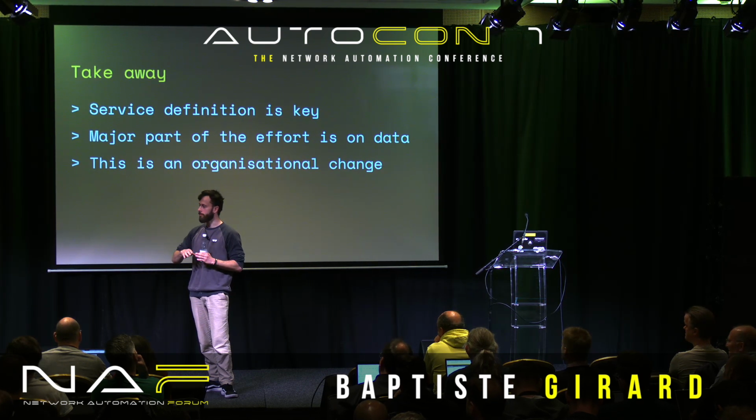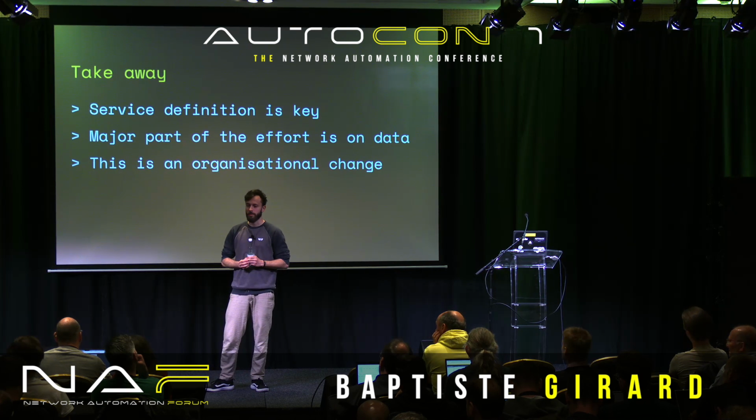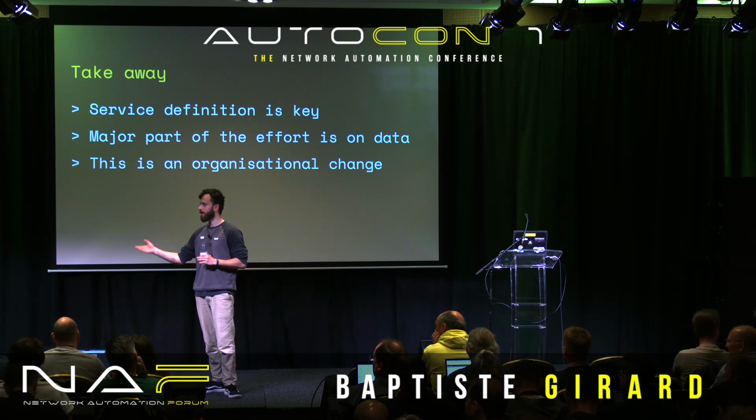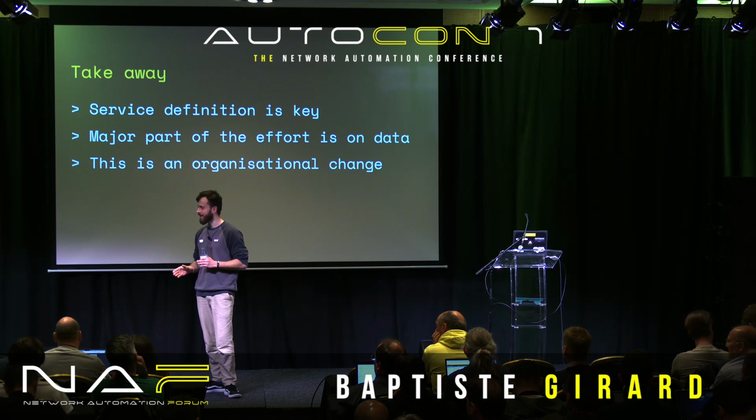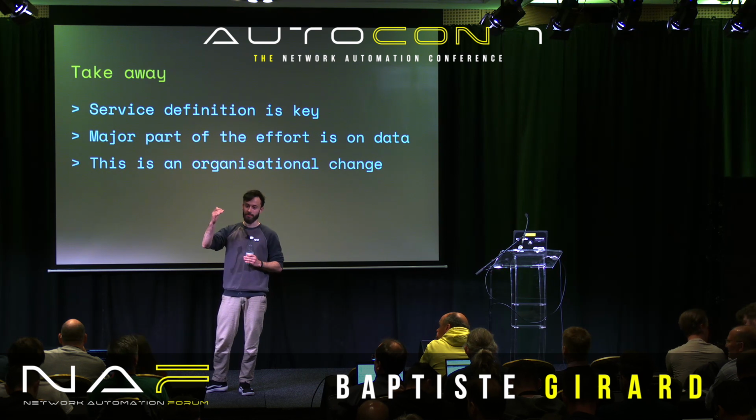We link IP prefixes, we link VLAN, that's fine. Then you start creating IP addresses under your prefixes. Do you link them to your service, or do you assume that it's under the right prefix, and then you can find them back there? Do you have VRF? Do you allocate them on the service? Do you allocate them on the account, which is one step further?